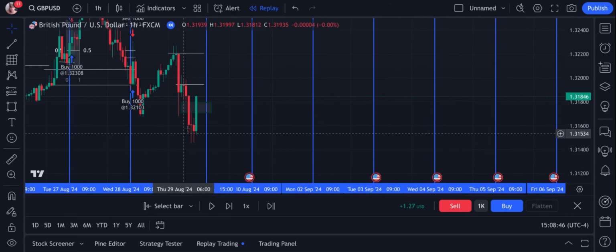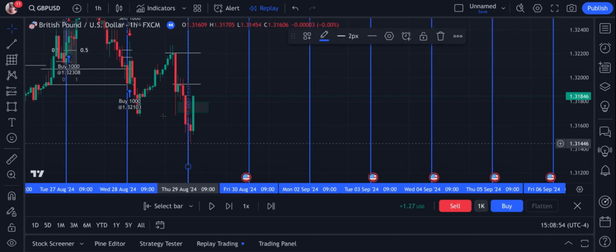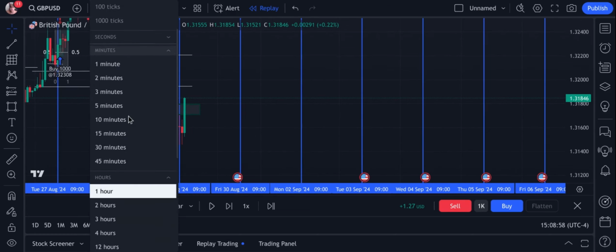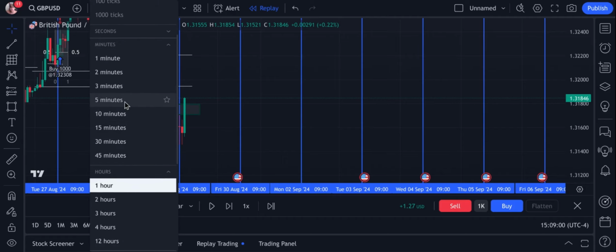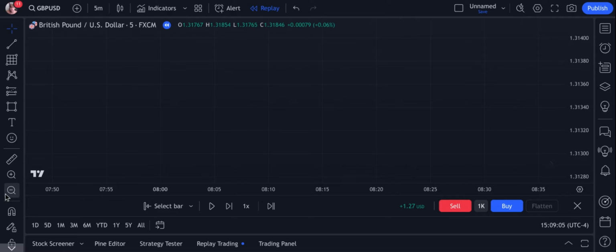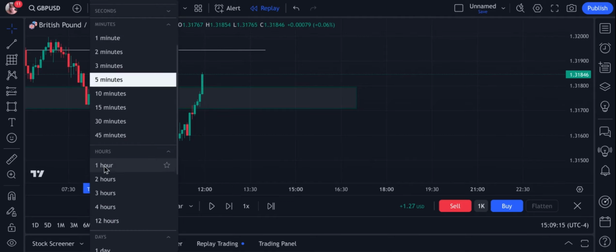Okay, price entered in here, 11. Let's see what price does here. Price entered into the confluence on the 11. Price is still considered to be bearish because price never broke any highs on the 1 hour.